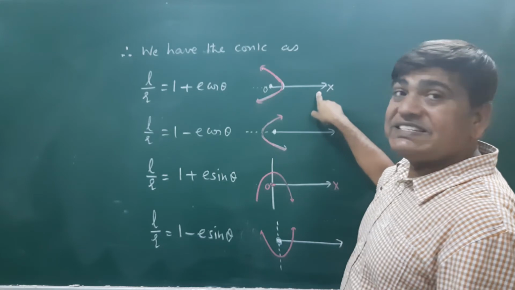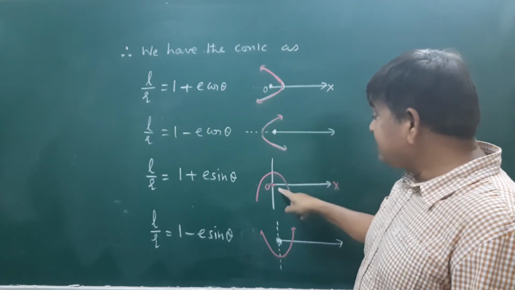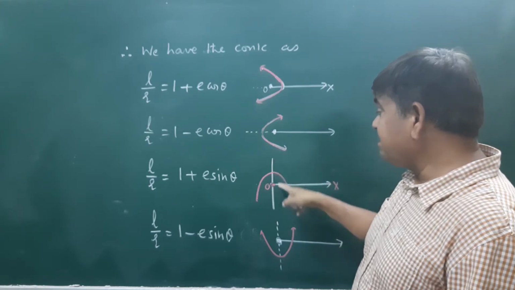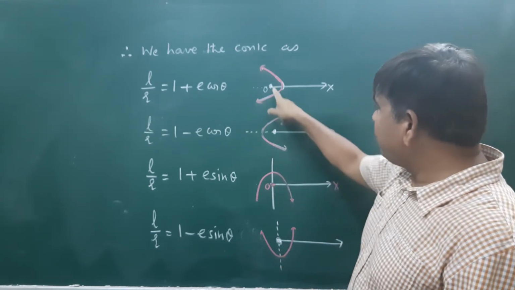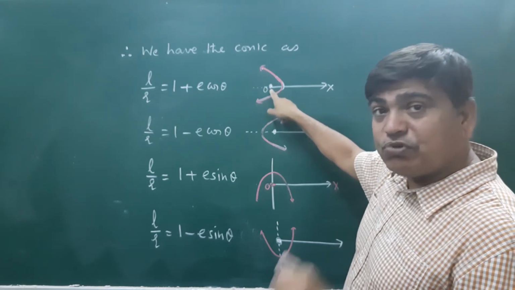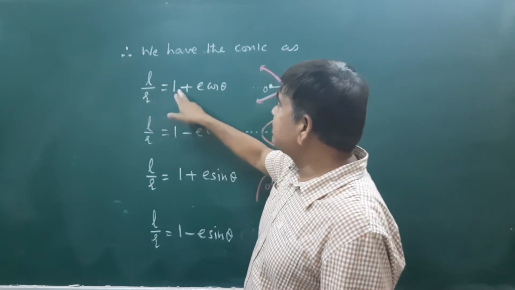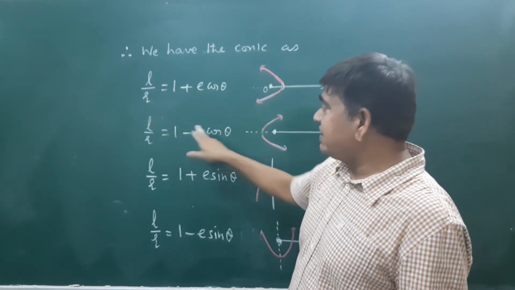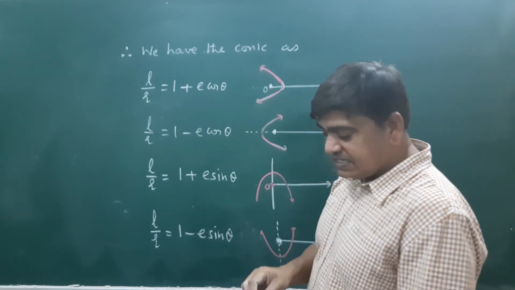Axis of this parabola is initial line. Axis of this parabola is also initial line. Axis of this parabola is the line perpendicular to initial line. The same thing. Focus is at the pole in all the 4. So we have the equation L by R equals to 1 plus E cos theta, then 1 minus E cos theta, 1 plus E sin theta, 1 minus E sin theta.